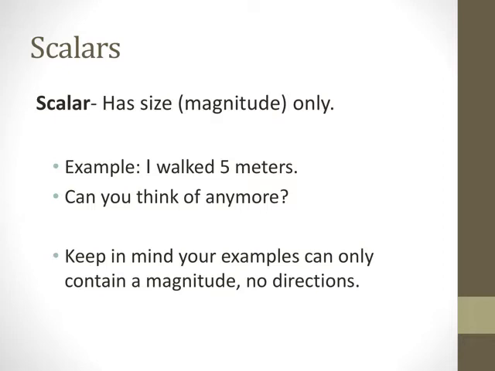So try to come up with some more examples. I know that talking about distances can be a little misleading, but try to think of some units that have absolutely no direction whatsoever.